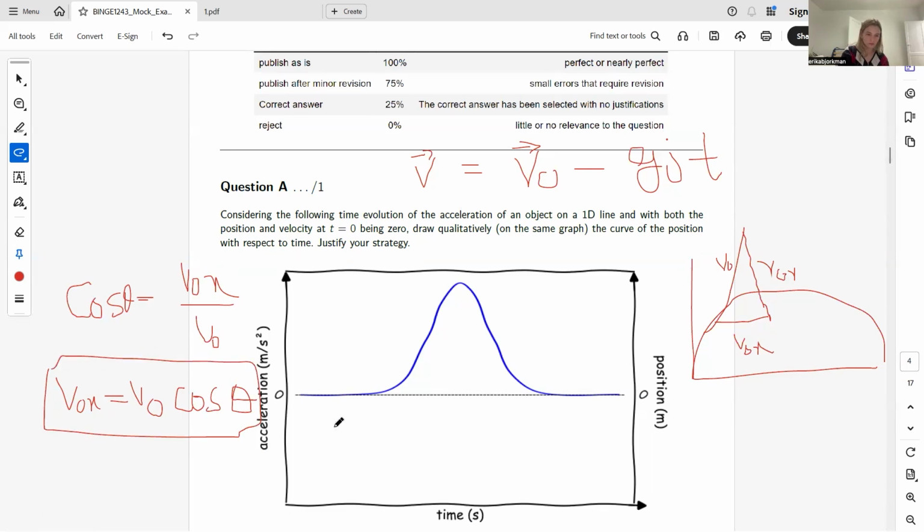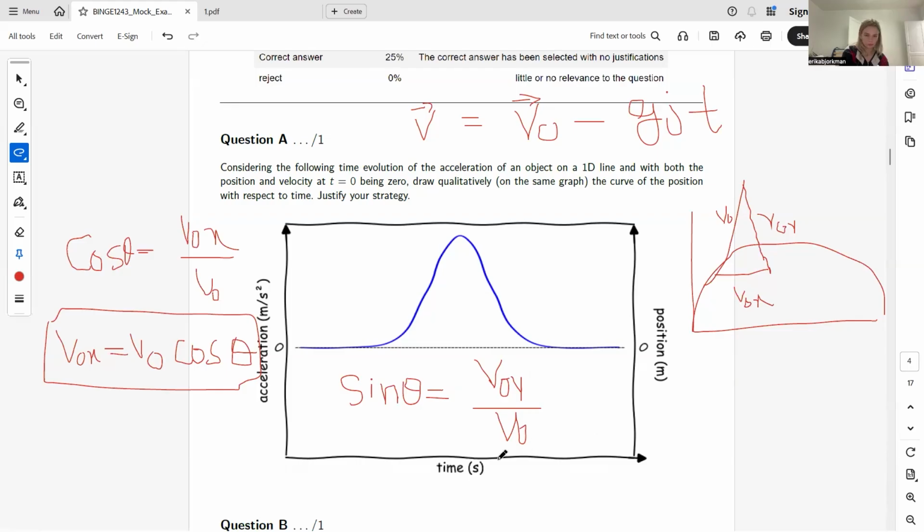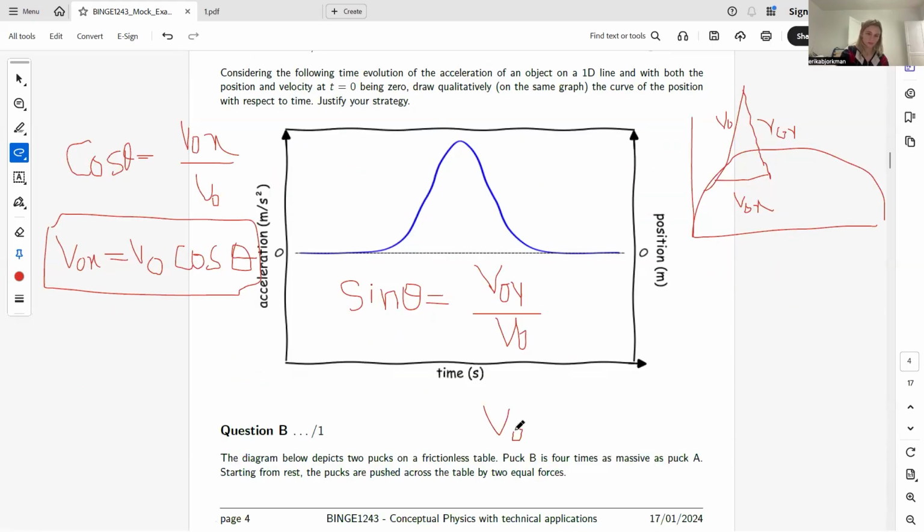Similarly, sine theta is equal to perpendicular over hypotenuse, perpendicular is v naught y divided by v naught. After rearranging, v naught y is equal to v naught sine theta. That is the vertical component of the initial velocity.